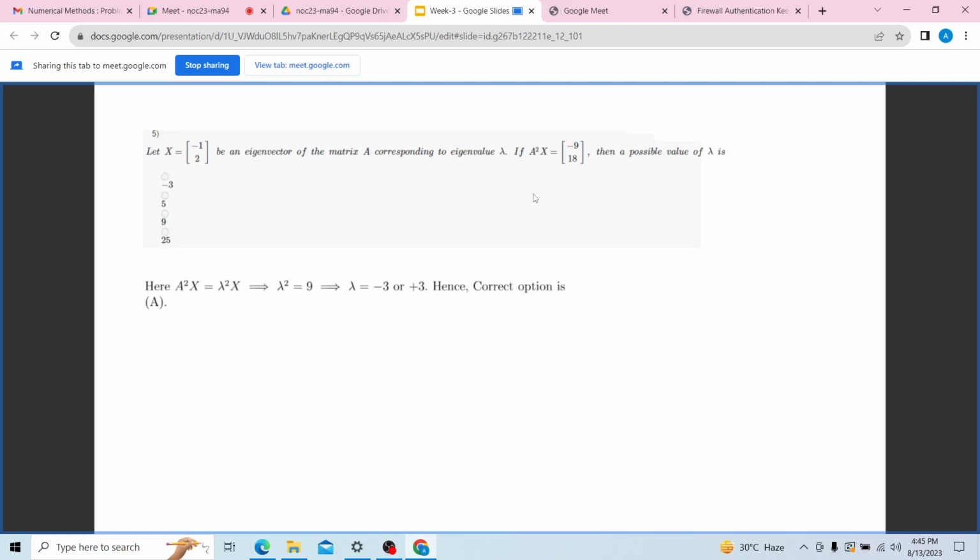For that, we know that when we calculate an eigenvector, we put Ax equals lambda x. So A squared x equals lambda squared x. When you substitute both these values in this equation, you get lambda squared equals 9. That means lambda equals minus 3 or plus 3. Therefore, the correct option is A.